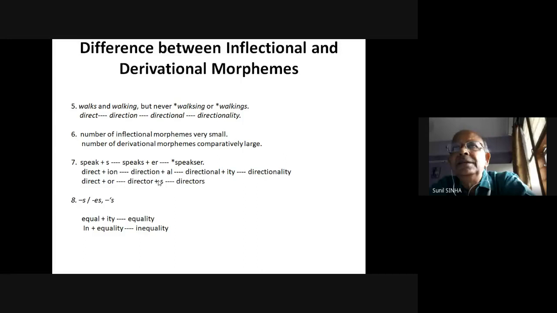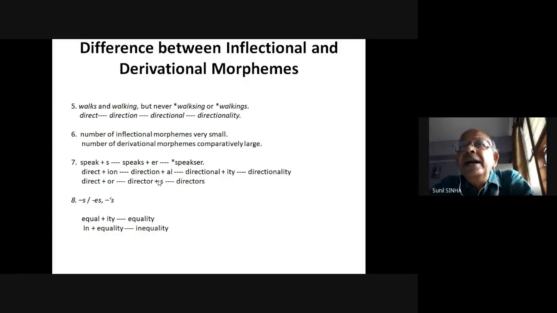Now, look at speaks. Speak plus S, we get speaks, all right? Speaks is third person singular present tense, right?